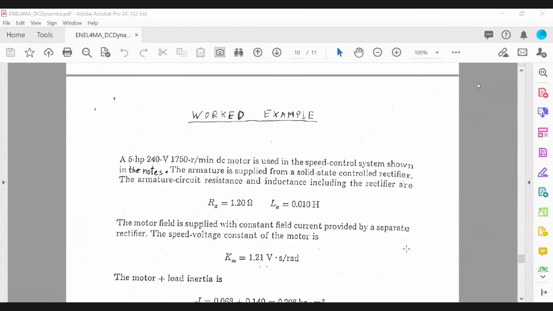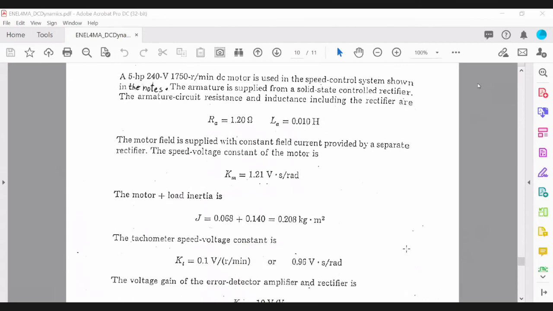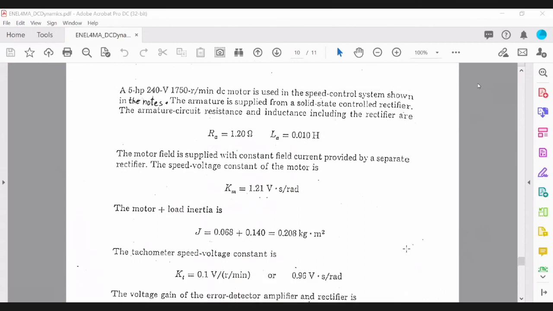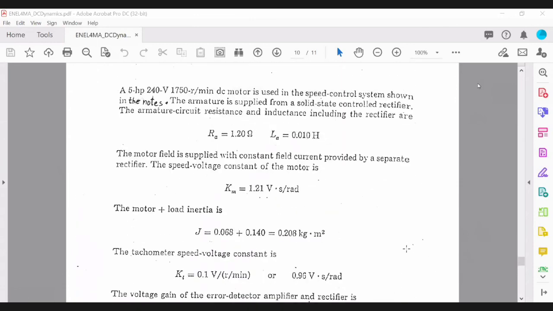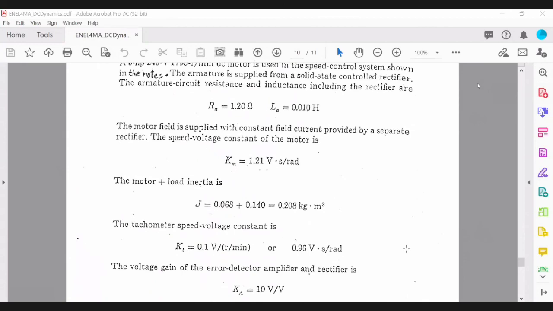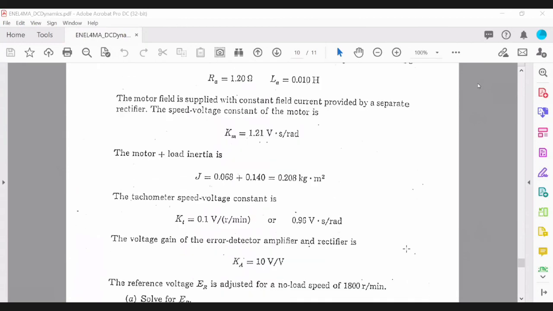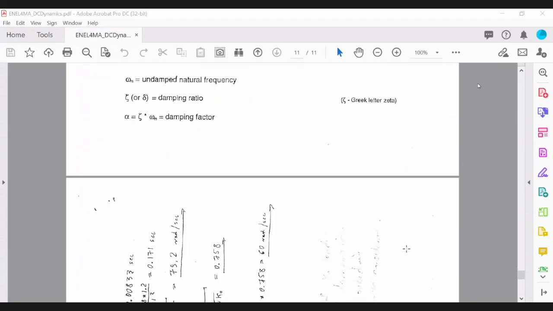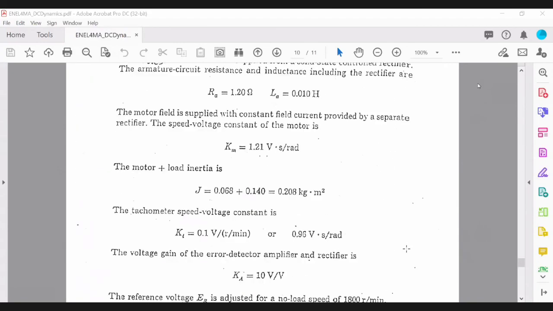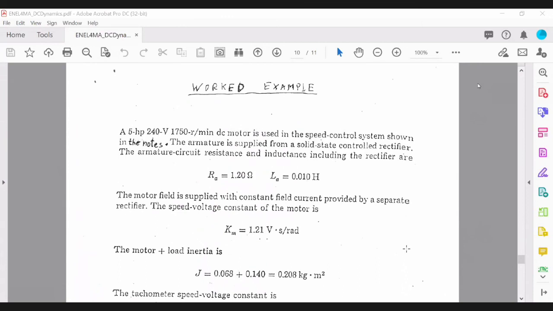There is a worked example here. I will go through it on Monday with you together with the tutorial. So for the weekend, kindly try and attempt the tutorial questions, and also go through this example. The solution is already provided in your set of notes.